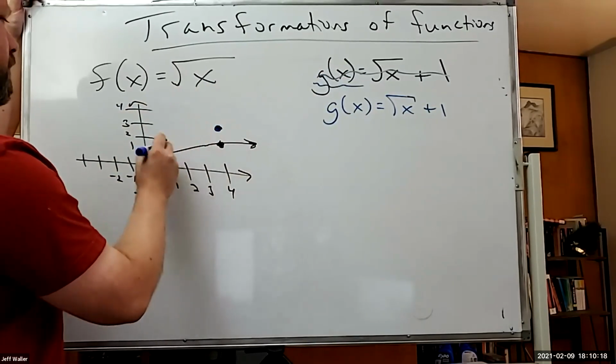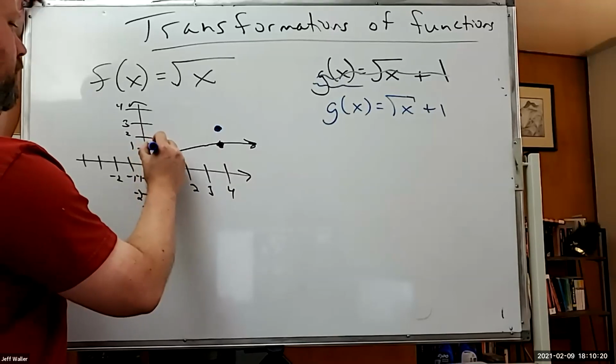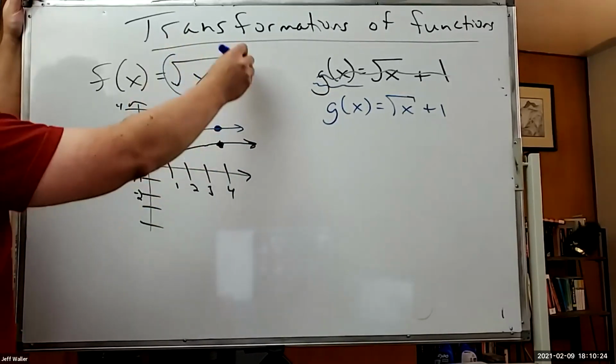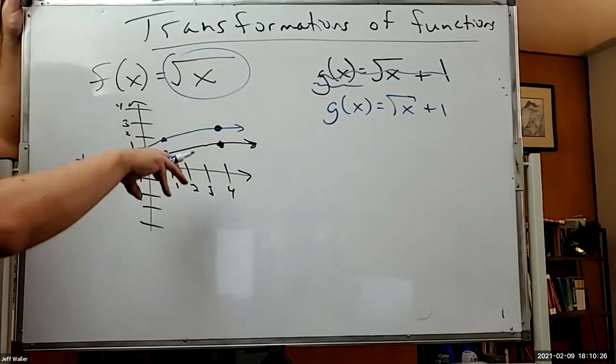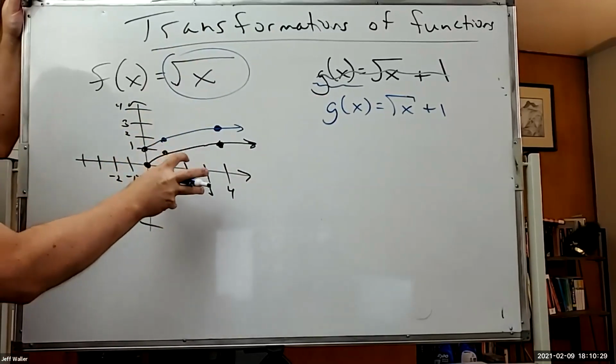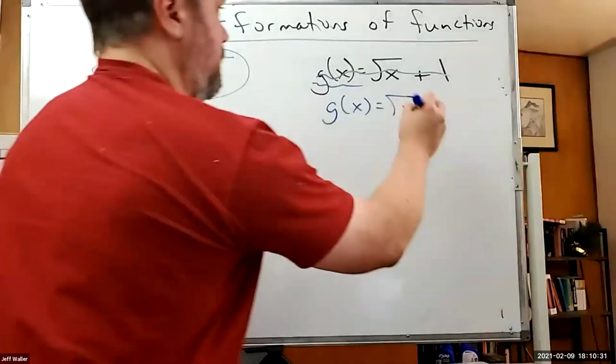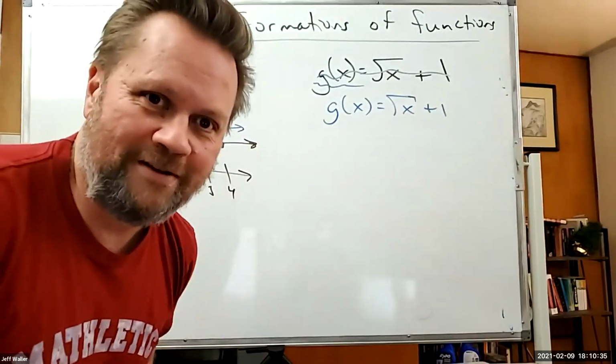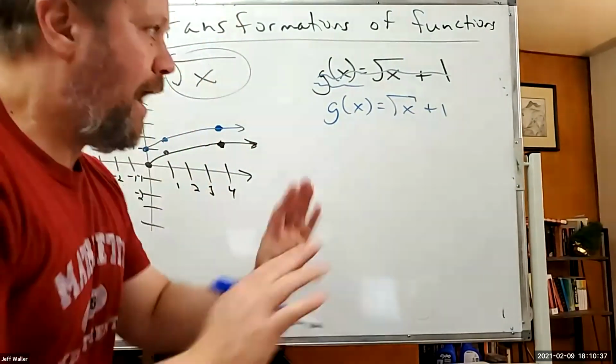Does this make sense, what happened? It took this function and it moved it up 1. That kind of makes sense. That is true.